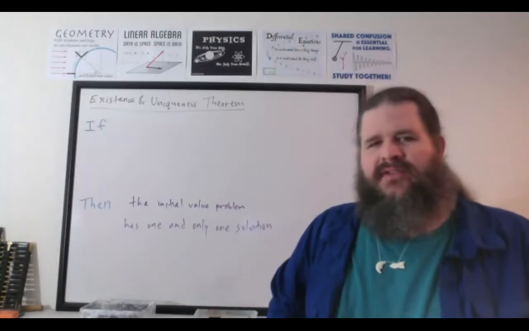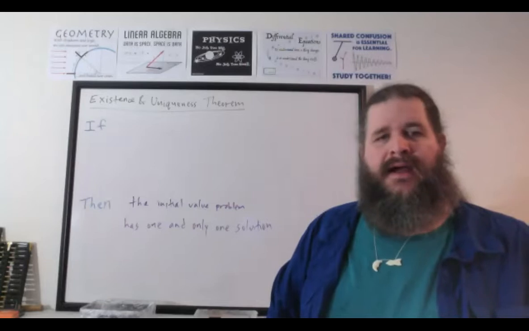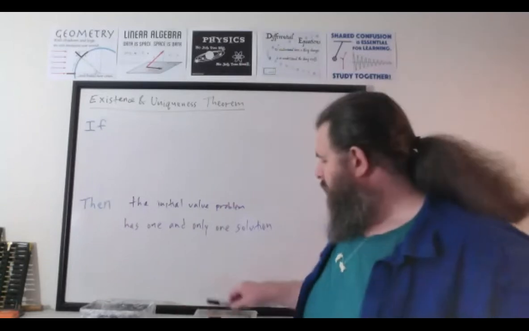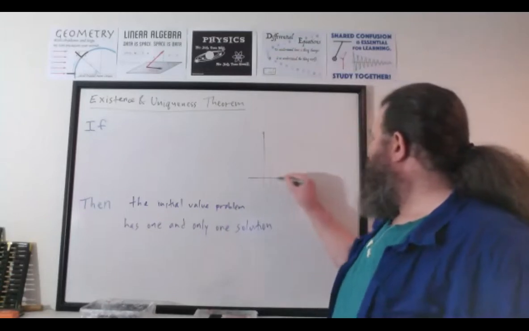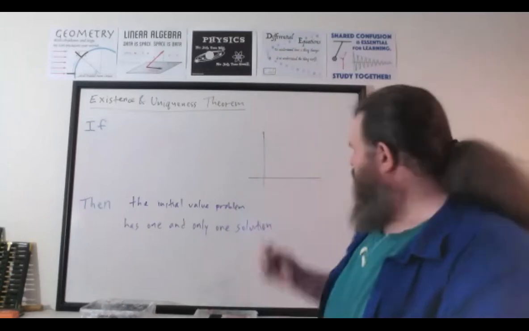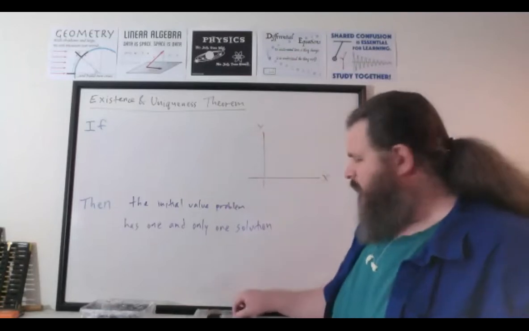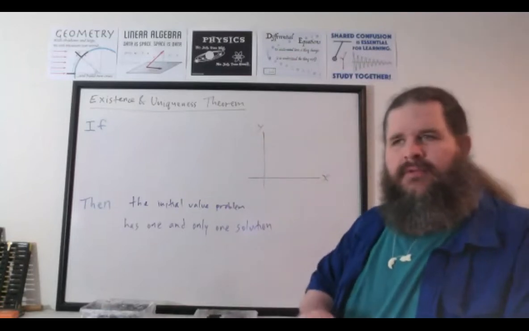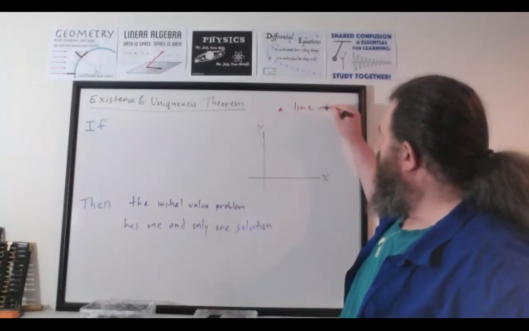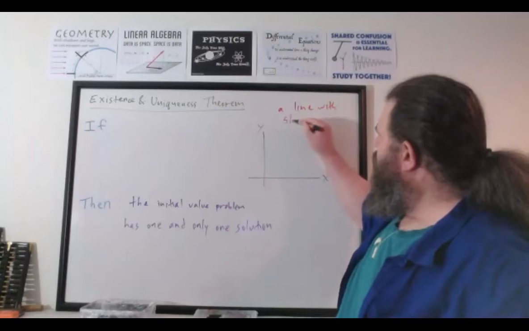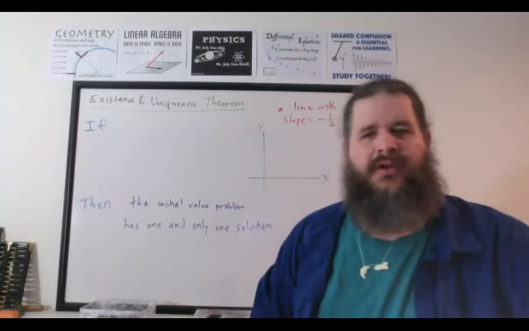And in a lot of ways, this is very similar to the idea of knowing a line, a linear function, based on the slope and one point. If we just have a standard XY axis, if I say we want a line with slope -1/2, how many solutions are there to that description?